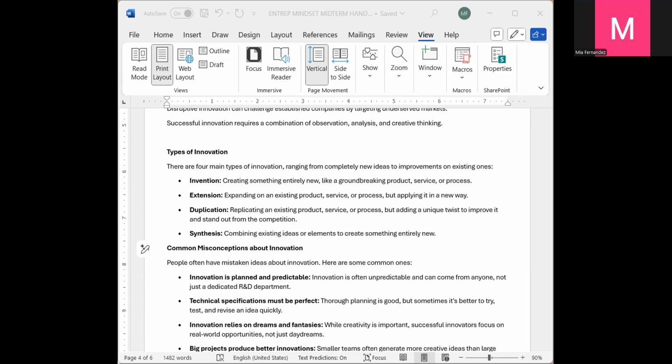Another one is for the extension. One example is Uber or ride-sharing apps. Why? Because it expanded from the idea of taxis. Before, when there were no ride-sharing apps yet, we were used to just hailing a taxi along the road, and whoever stopped, we could hitch a ride.